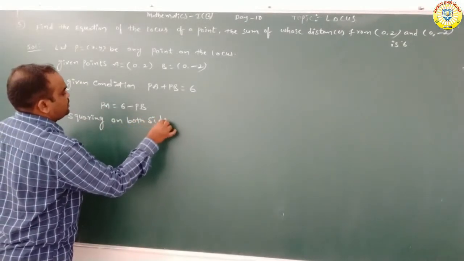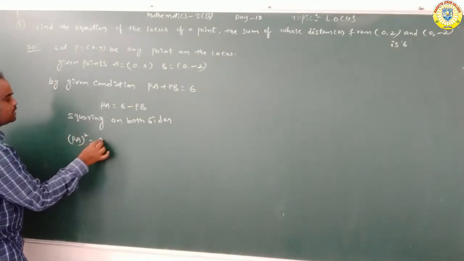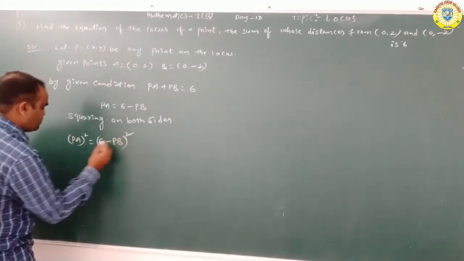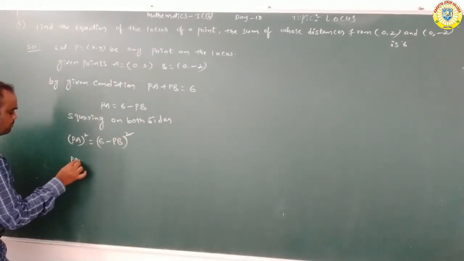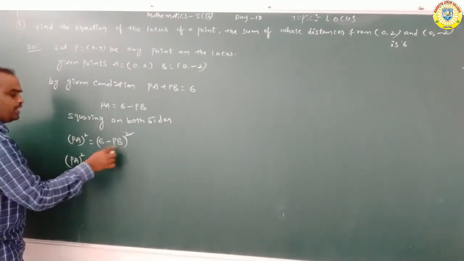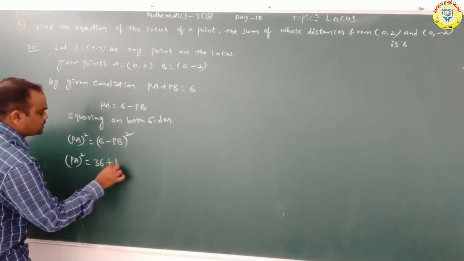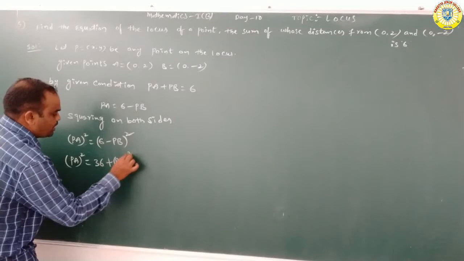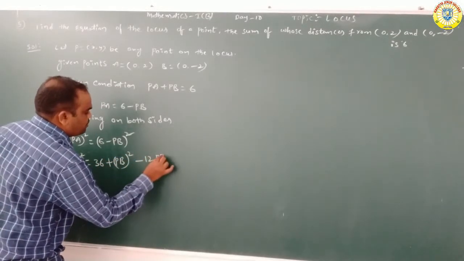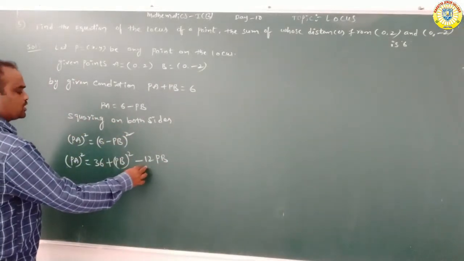So PA squared = (6 - PB) squared. PA squared = 6 squared, that is (a - b) squared: 6 squared is 36, plus PB squared, minus 2ab, 2 into 6 is 12, so minus 12 PB. Okay now? Here 36 + PB squared - 12 PB.